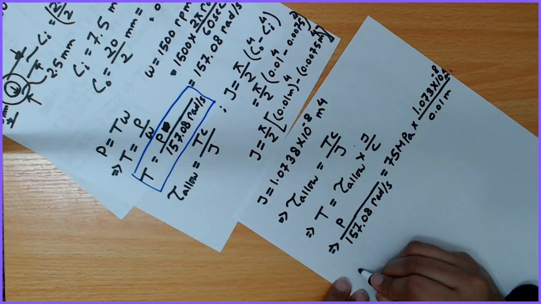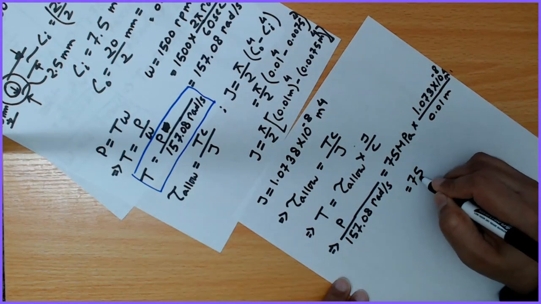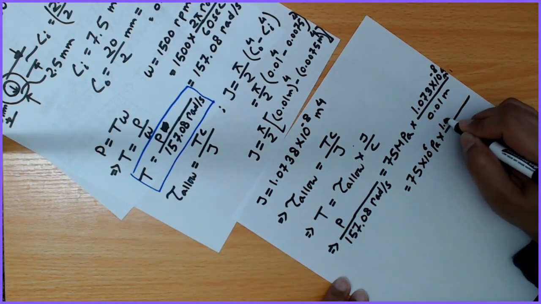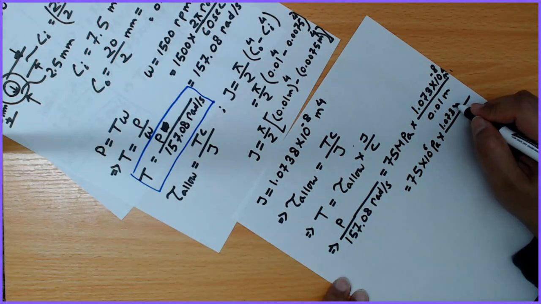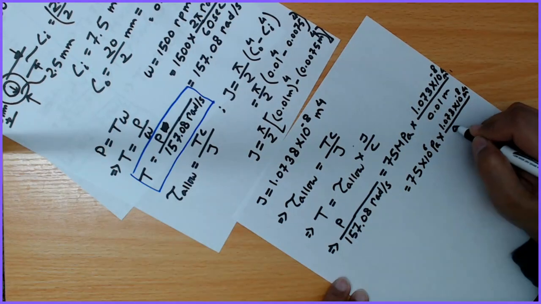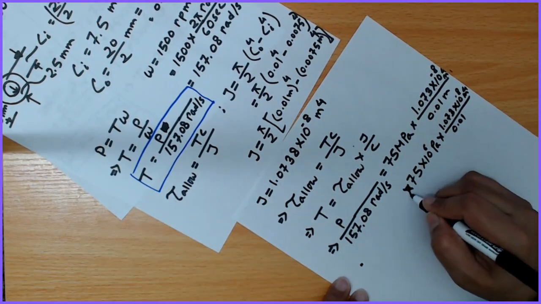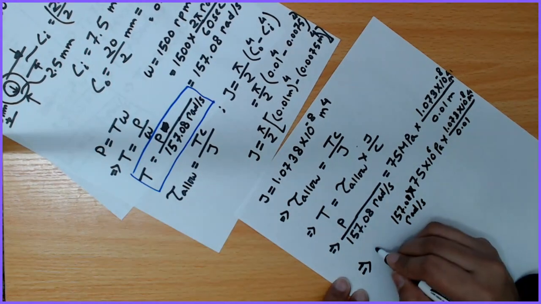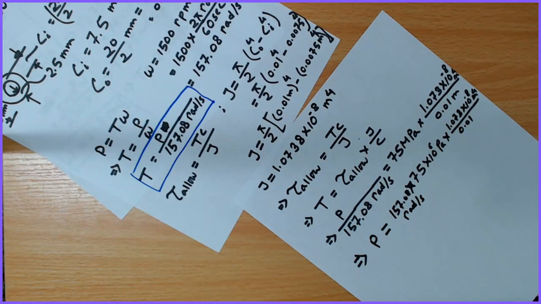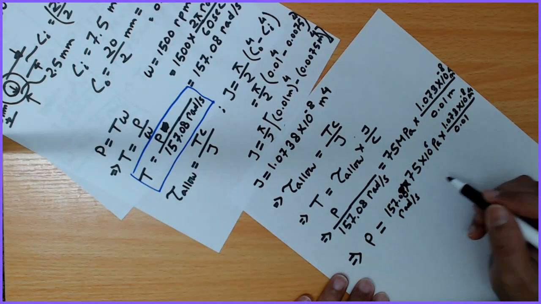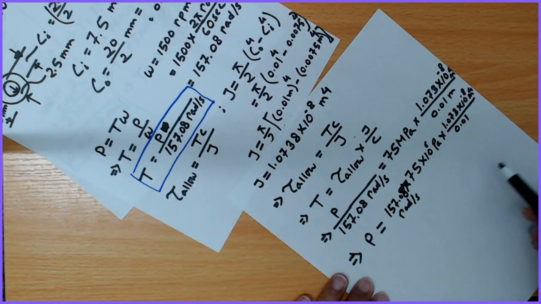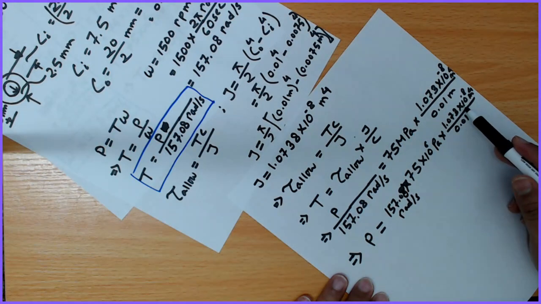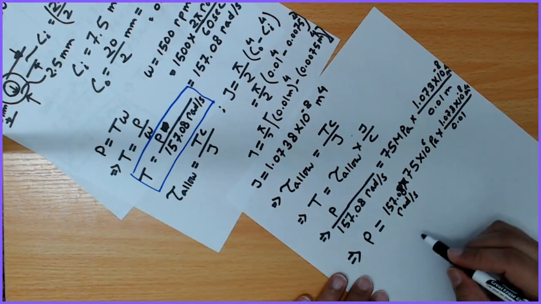Now here I need to convert these, 75 into 10 to the power 6 Pascal multiplied by 1.073 10 to the power minus 8 m4 over 0.01, and if we multiply 157.08 radian per second, it is equal to P. So P is 157.08 multiplied by 75 10 to the power 6 Pascal multiplied by 1.073 10 to the power minus 8 divided by 0.01.